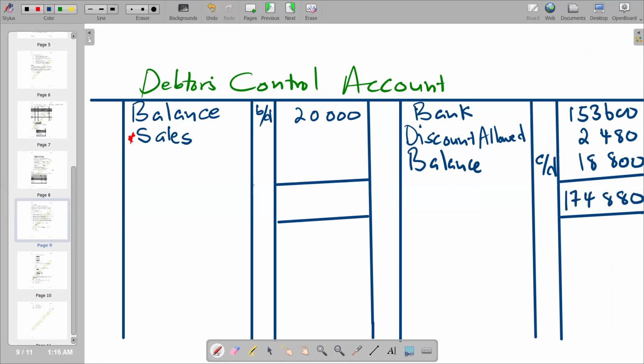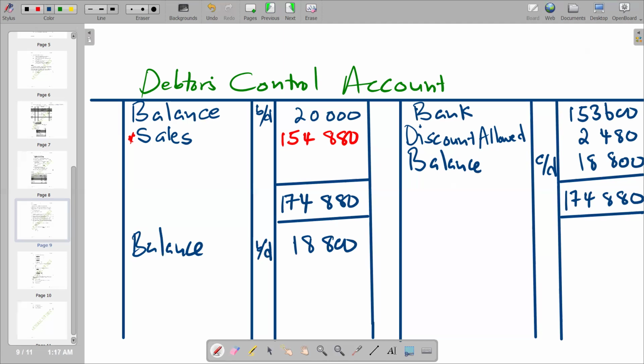So this figure then has to come on the debit side in between the double lines. So we're going to say 174,880 minus 20,000, and we are going to get our balancing figure is 154,880. Then the 18,800 balance c/d should come here below the double lines, the opposite side is our balance b/d.